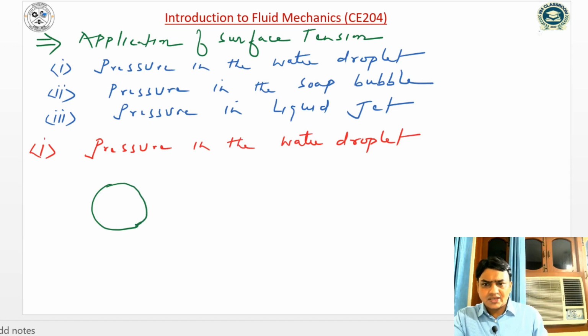Because I told you that surface tension is work done divided by specific surface area, and we know that the specific surface area is minimum for a spherical shape. So it will try to be stable, and the shape will be spherical, because the surface area should be minimum, so the specific energy should also be minimum.